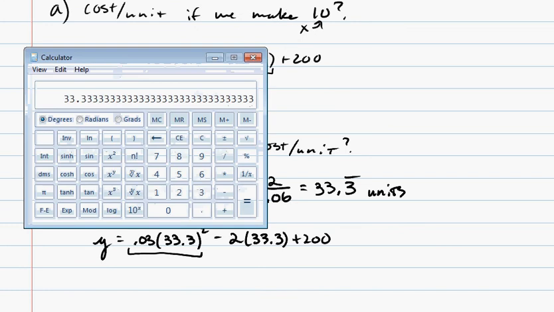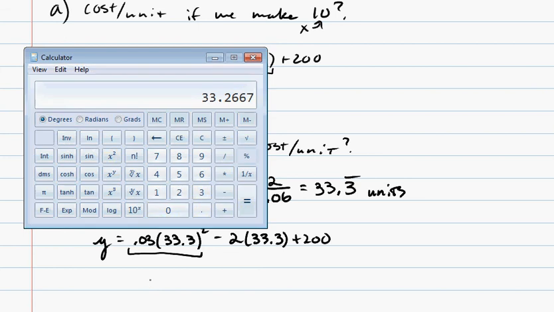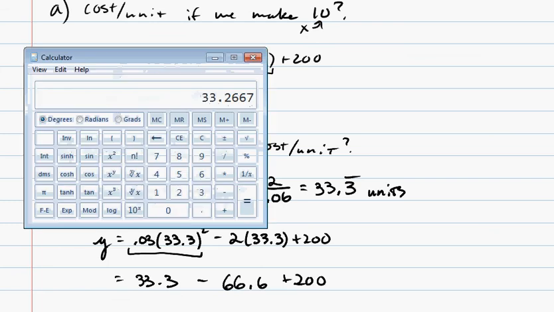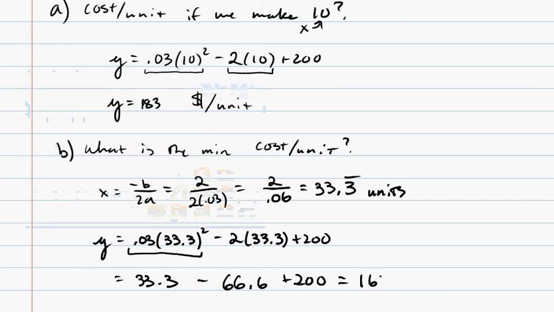Like that right there, 33.3 squared times 0.03, let's just round that to be 33.3, minus 66.6 plus 200. So I'm getting around 166.7. That's the cost per unit, maybe dollars per unit.